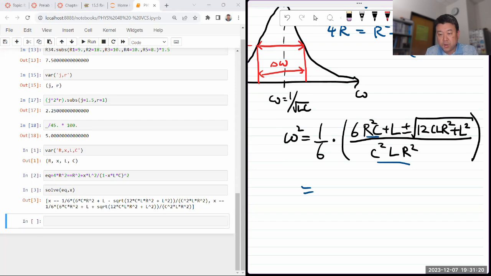C cancels out one of the C squared, so I have 1 over LC as the leading part of that omega squared expression. And then I have plus, let me write the second term. There's going to be some shift in frequency apparently. L's cancel, and I have 1 over 6 R squared C squared. Okay. Interesting.